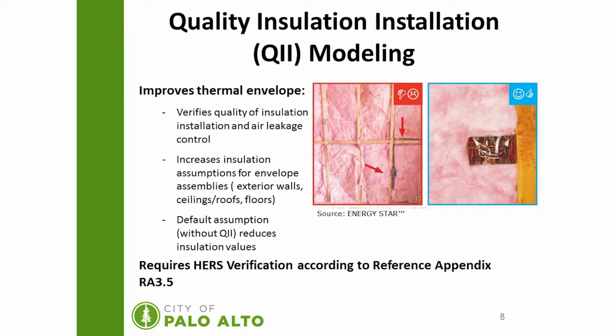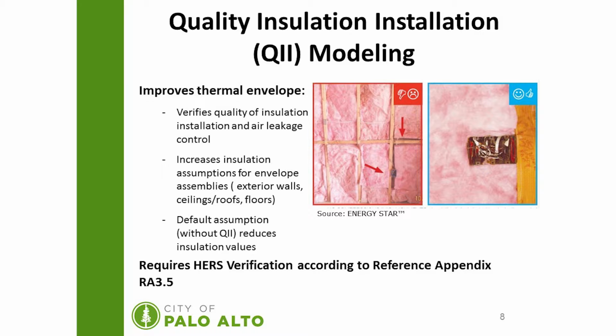The first measure is quality insulation installation. What this does in your building is verify that the insulation is properly installed, that there aren't large gaps and room for air to move back and forth through your wall assembly, your roof assembly, and your floor assembly. And what it does effectively in the model is increase that insulation assumption for all of your exterior surfaces.